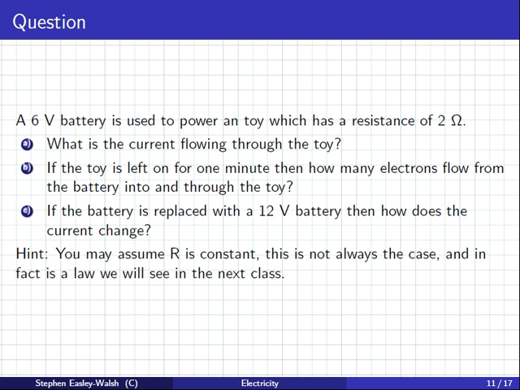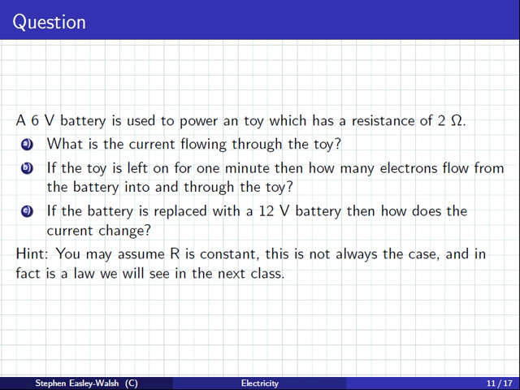But that doesn't tell me how many electrons. So how can I work out how many electrons? What do you think? So what you need to do next is take the 180 coulombs and divide it by the charge of 1 electron. And in this way we can work out how many electrons were required.